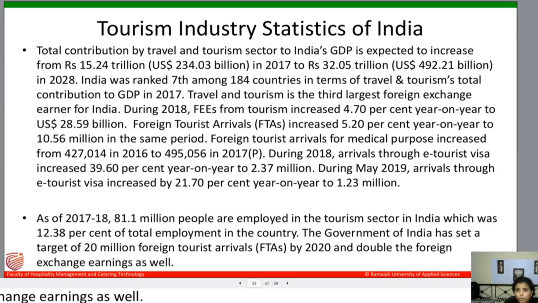There are a few more data points to be highlighted here. India was ranked 7th among 184 countries in terms of travel and tourism contribution to GDP in 2017, and during May 2019, arrivals through e-tourism, which I have already stated, increased by 21.7% year on year to 1.23 million.